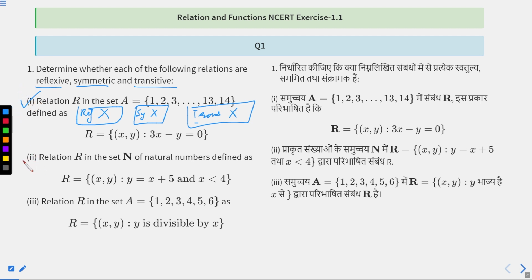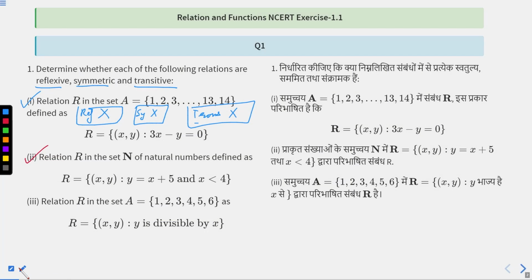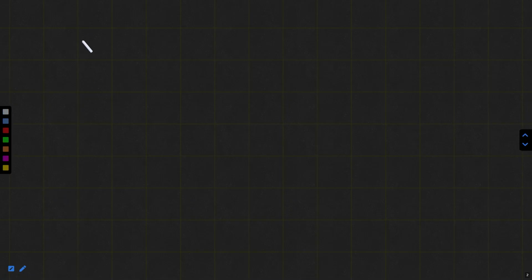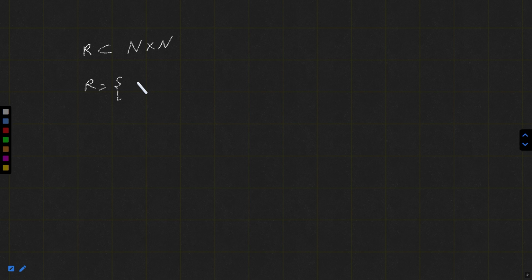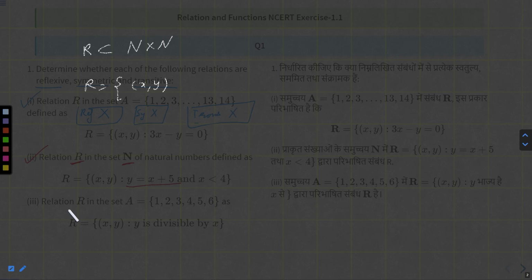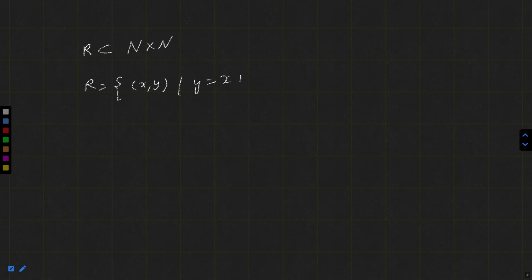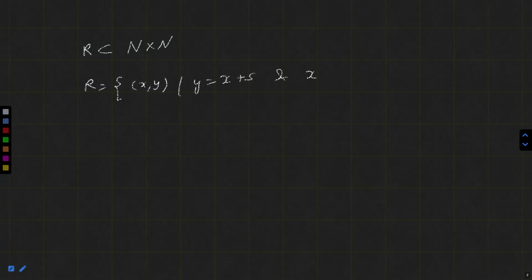Okay, now what about the second one? Let's see the second one. Here my relation R is in the set of natural numbers, so R is a subset of N cross N. This N is the natural numbers set. R is defined as the collection of all ordered pairs such that y equals x plus 5 and x is less than 4.